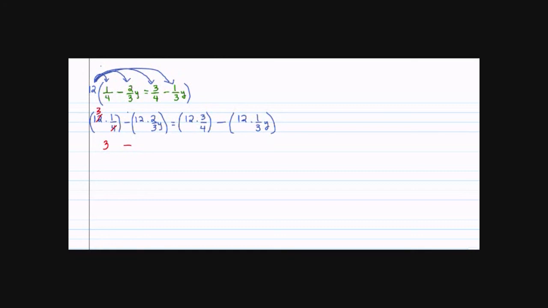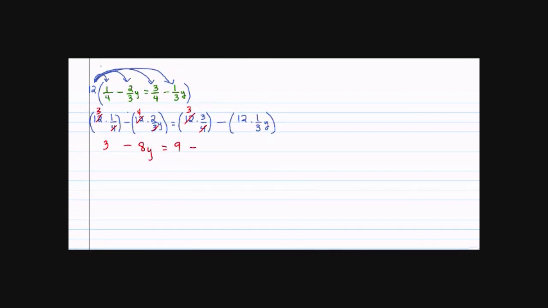I'm going to divide both numbers by 3. 3 divided by 3 is 1. 12 divided by 3 is 4. And 4 times 2 is 8y. Bring down my equal sign. Now I have 12 and 4. I'm going to divide both of them by 4. 4 divided by 4 is 1. 12 divided by 4 is 3, and 3 times 3 is 9.